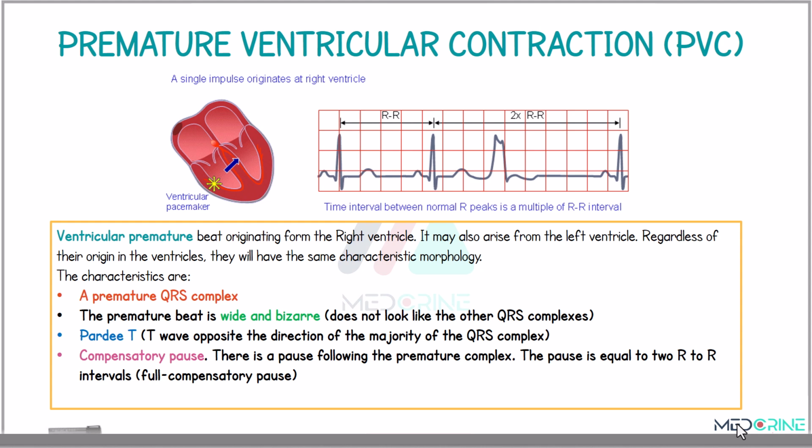This basically means that there is a pause following the premature complex. Looking at the electrocardiogram image in this video, the pause is equal to 2 R to R intervals. And whenever it's exactly 2 times the R to R interval, we call it a full compensatory pause.